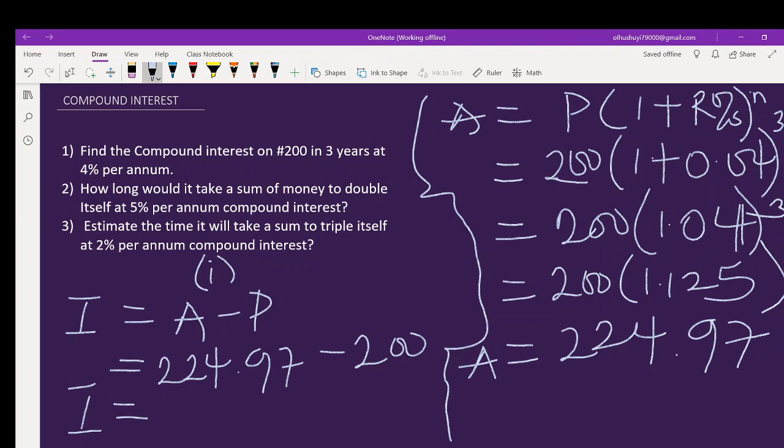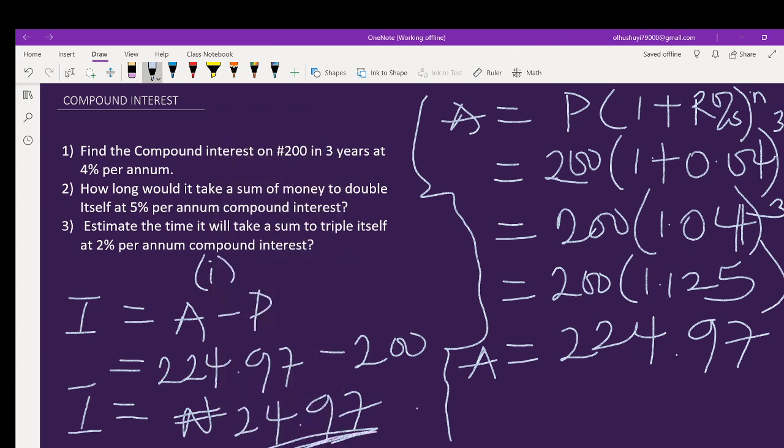Subtract 200 from it. So we should have 24 naira 97 kobo.